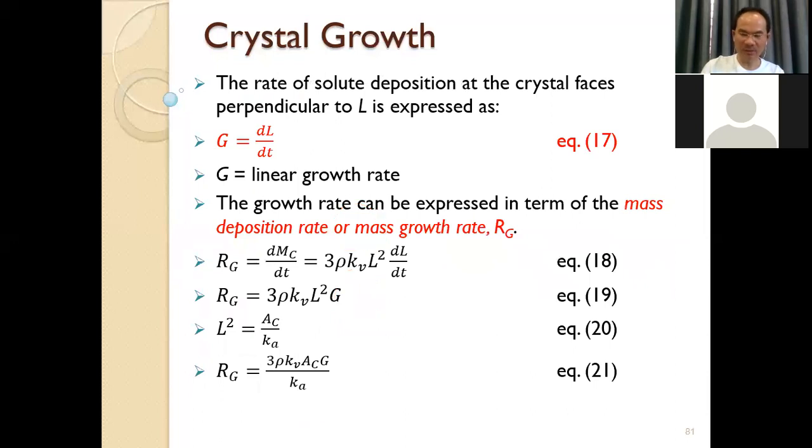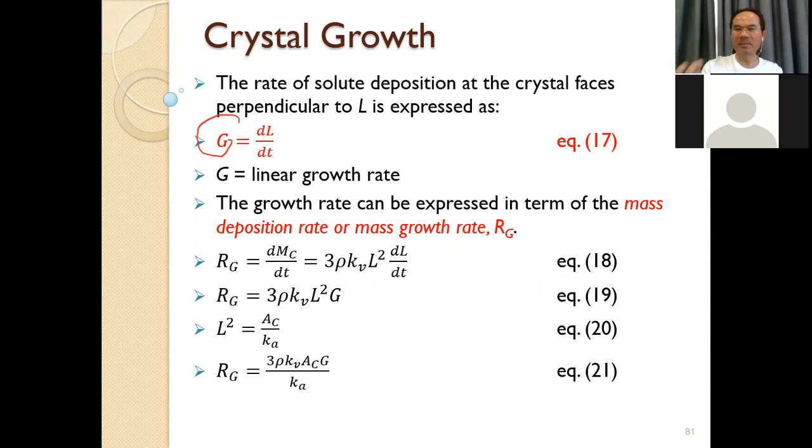Okay, the growth we represent by G. G is the growth rate. Growth rate means the size changes with time, dL by dt. We call it the linear growth rate. And sometimes you can correlate the linear growth rate with the mass, the mass deposit rate or mass growth rate.